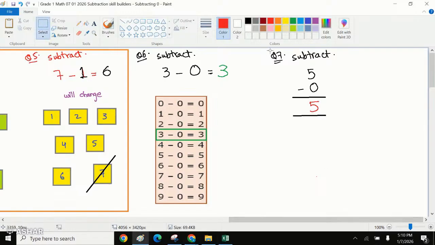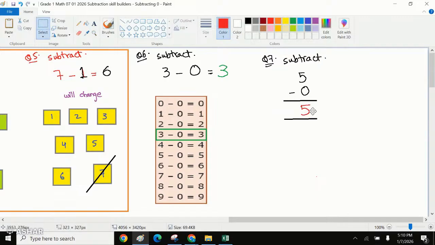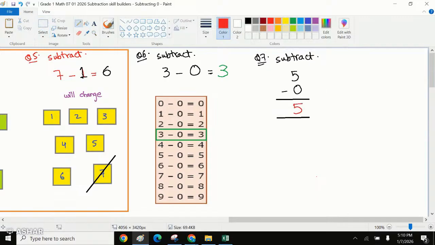The next question is a little tricky. Okay. The next question says, question number 8. Question number 8 says, subtract 0 is a number minus a 0. Okay. So this example, I'll write it down in words.